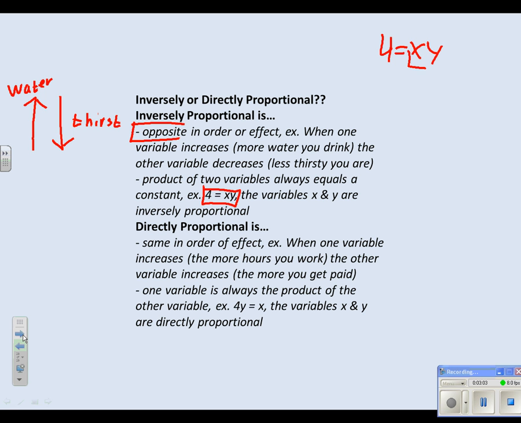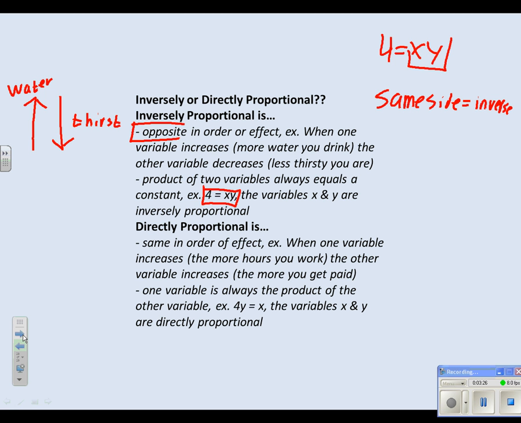If the values are on the same side of the equal sign, so same side, they are inverse. And you can assign a value to x and find out y, and then assign a value to y and find out x. Try to prove it wrong, but you're not going to be able to. That's just the way the math and the algebra works out.